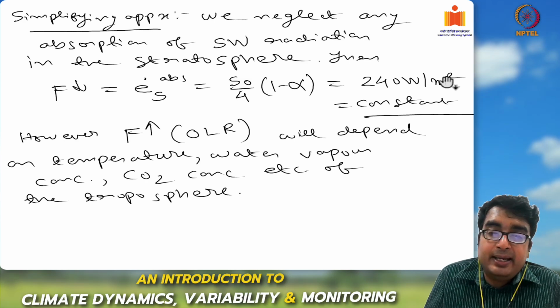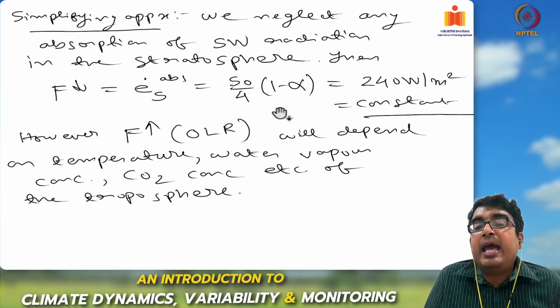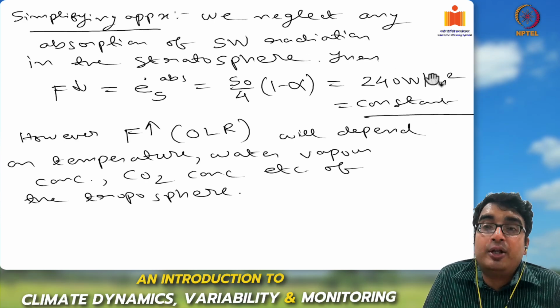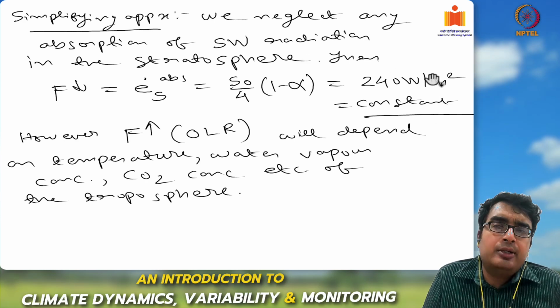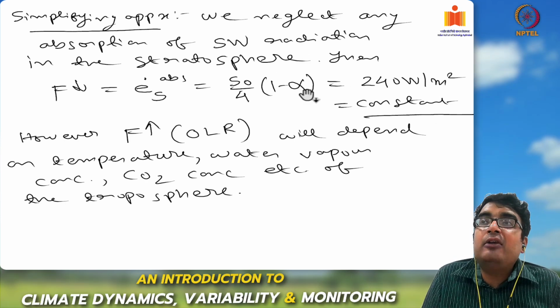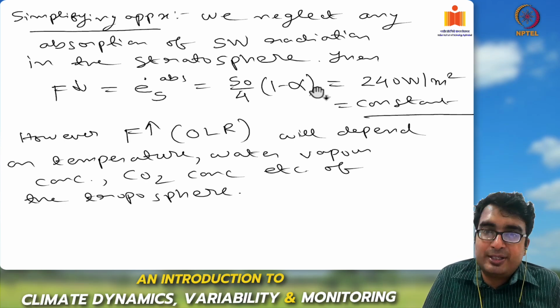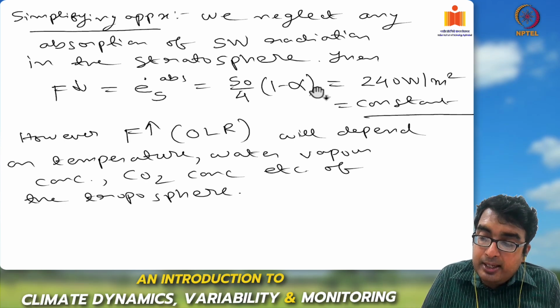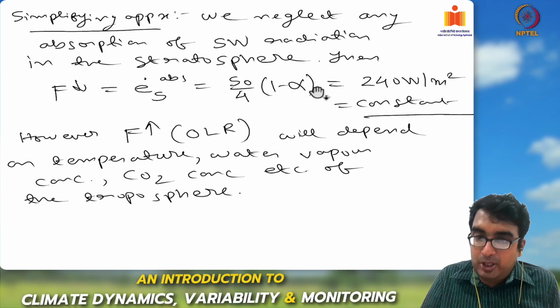And so this incoming absorbed short wave radiation is a constant. Not truly, we are assuming the albedo alpha here is a constant. So, we are just looking at the impact of greenhouse gas emission. Okay.